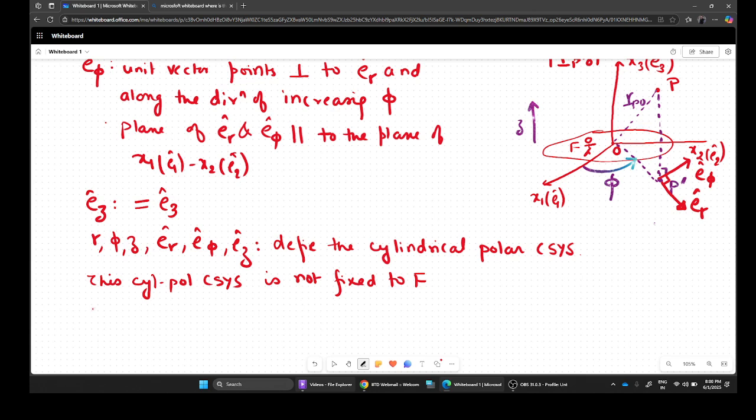Is it because the origin of the coordinate system is not fixed to F, or is it because some of the unit vectors are not fixed to F? Now what is the origin of our coordinate system? The origin is still the point O. Now O is indeed fixed in F, there is no question about it.